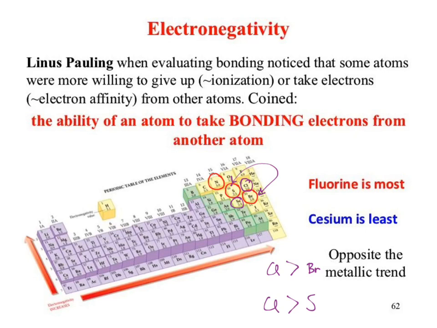The question I asked was intentionally obnoxious because you will never see that question. I cannot ask that question and expect you to use the trends. You would have to look them up. How can I change the question so that you would be able to answer it based off of the trends? I could give you the electronegativities, but that's kind of silly because I'm pretty sure that you could tell me 1 was smaller than 2 was smaller than 3.